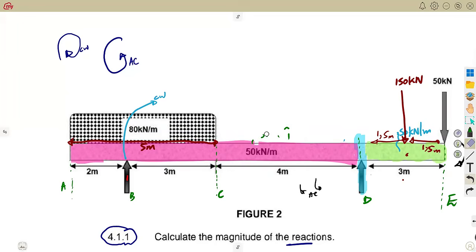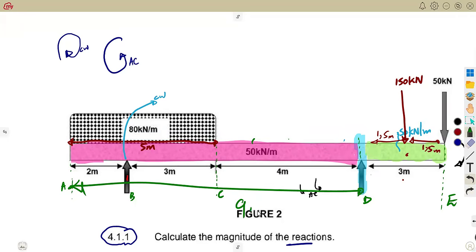Remember, we are taking the whole of this 9 meters. So it'll be simply 9 divided by 2, which is 4,5.